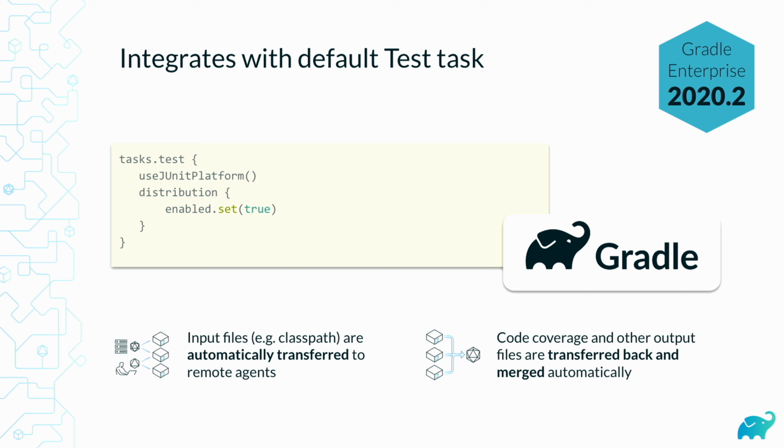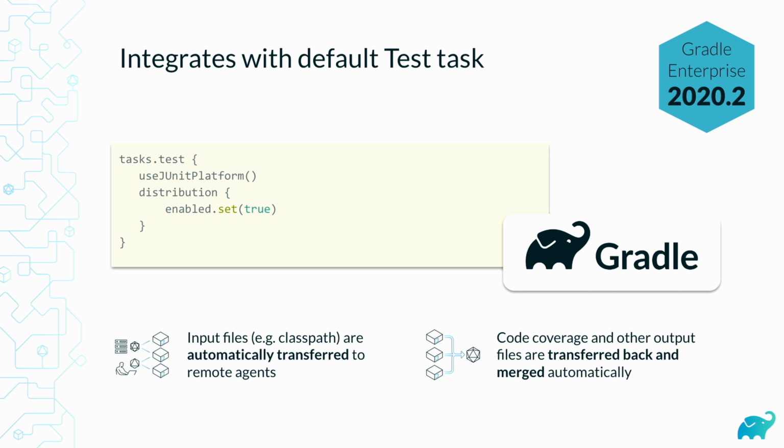And a nice thing about Gradle is that it tracks inputs, like all the files that affect the outcome of a test task, or any task in Gradle, are tracked. So that gave us already the set of files that we had to transfer to the agents, right? So they could set up a temporary workspace. And the same is true for outputs. All the outputs are also tracked for every Gradle task.